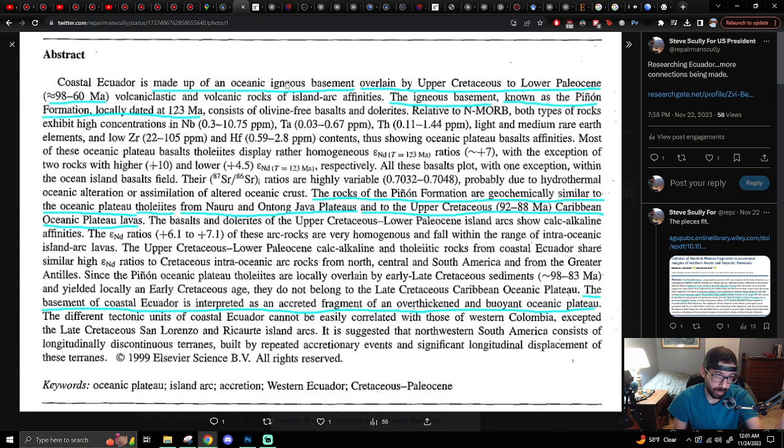Oceanic igneous basement overlain by Upper Cretaceous to Lower Paleocene, 98 to 60.